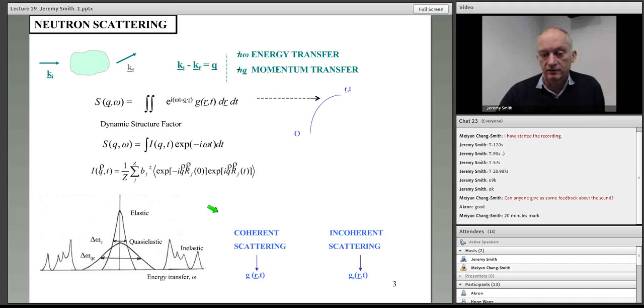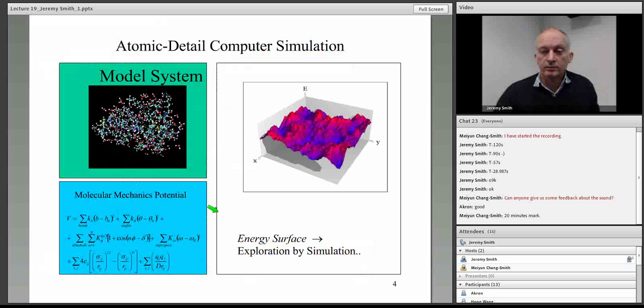Okay. So there's my introduction. Let's move on to computer simulation now. How do we do that? Well, in the end, simulation is a cop-out. It's a pity we have to do them.